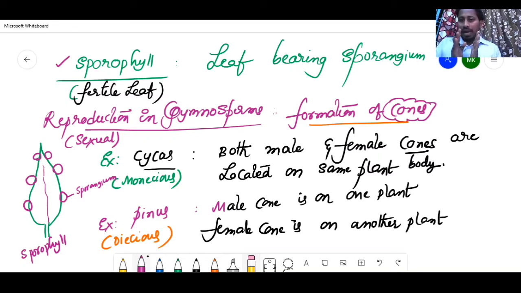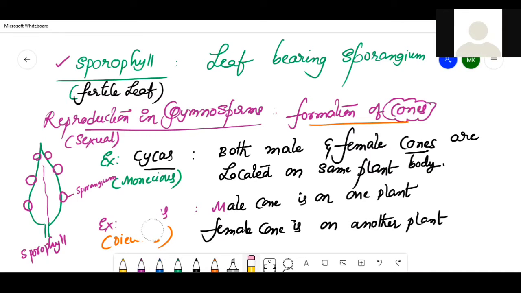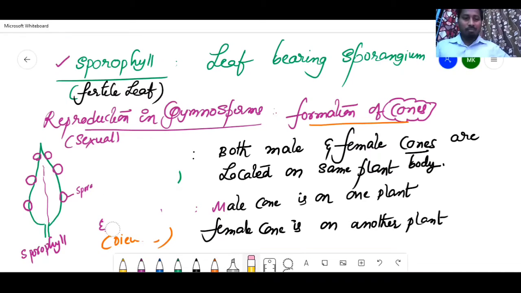Cone means you can define compactly arranged many sporophylls together form a cone. So simply, can I erase this lower part? Yes, sir. Cone is simple, very well.